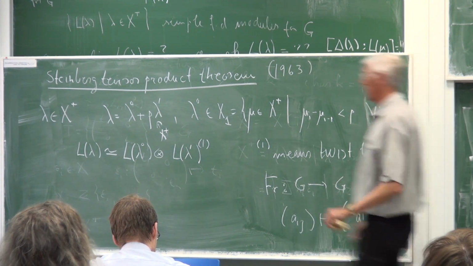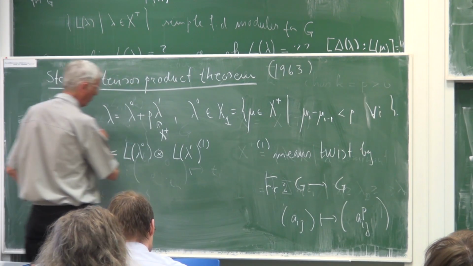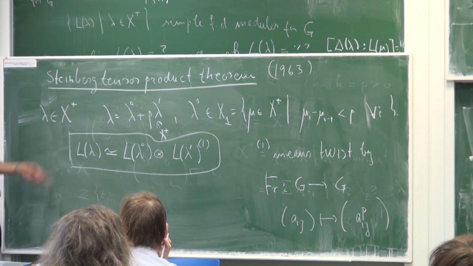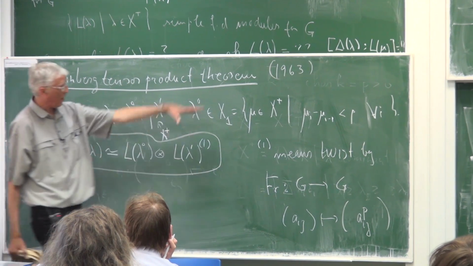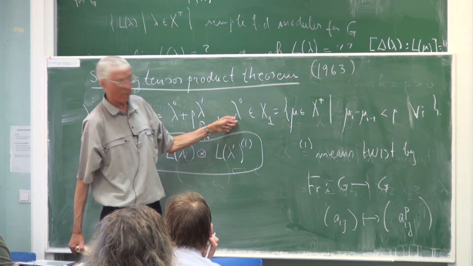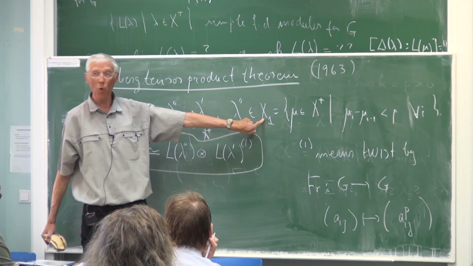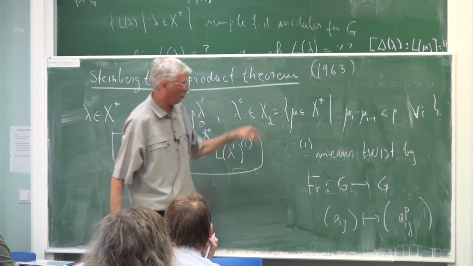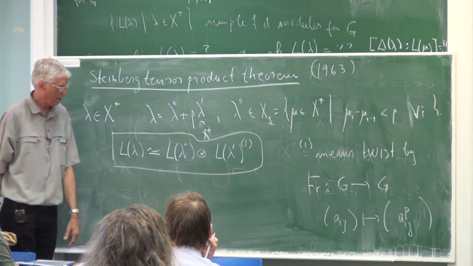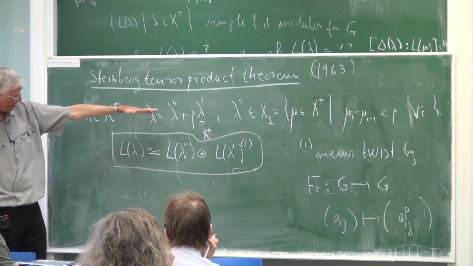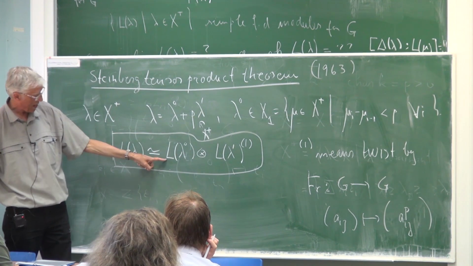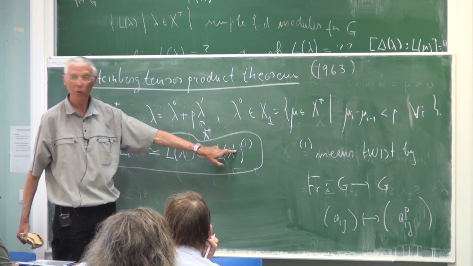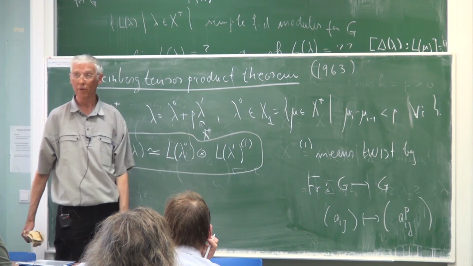So this is the Steinberg tensor product theorem, which is a very useful one, because if I have found the dimension of all these guys, the ones in x1, and that is a finite set, at least if I pass to SLN, then once I have done this, I know my first part, and then I look at the second part. If I'm lucky, lambda 1 also belongs to x1, and I'm done.